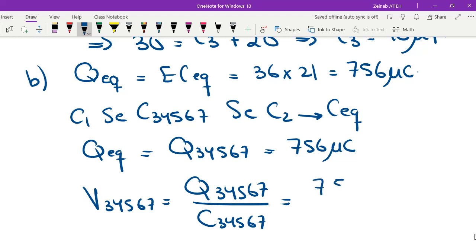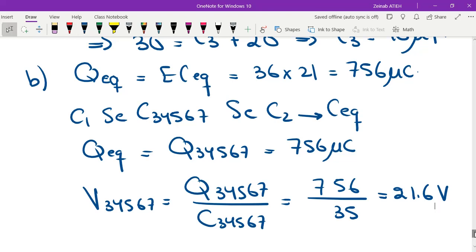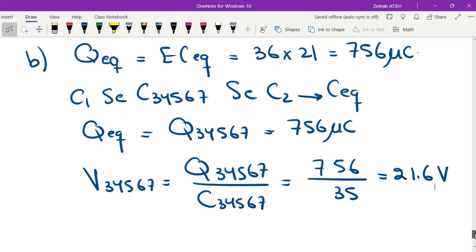Okay, it is 756 over C equivalent, which was 35, I guess. It's 21.6 volt. Of course microcoulomb on top and microfarad below, micro with micro will be cancelled to get the SI unit volt.